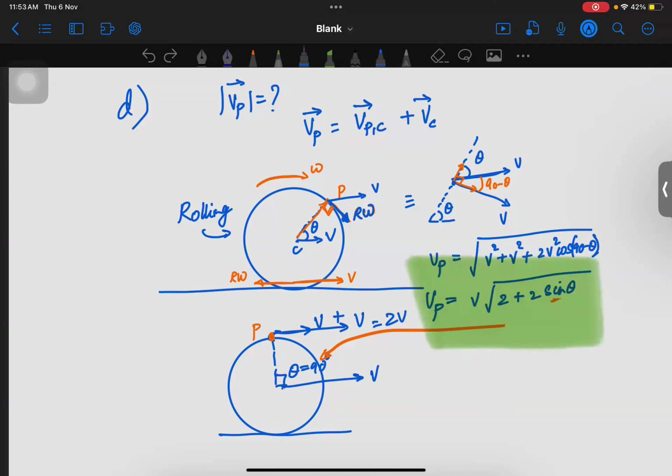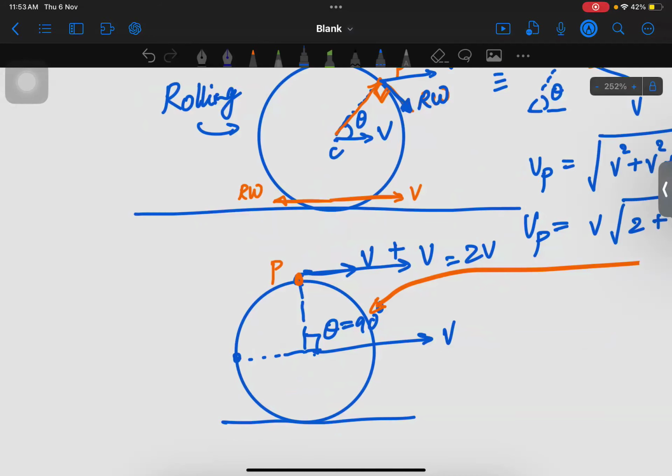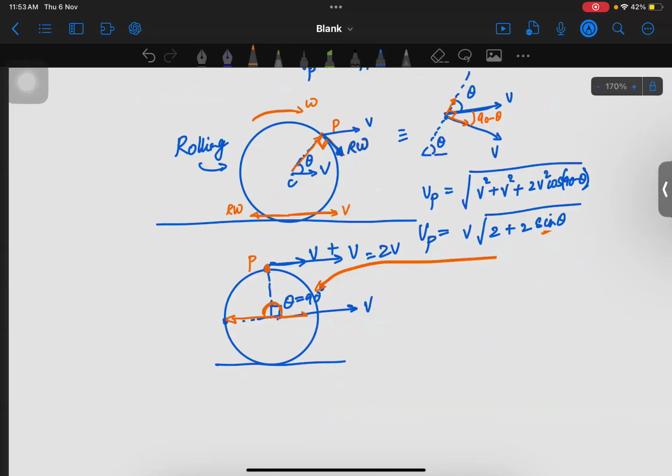So now let's go to some other point over here, maybe this one. Again, the angle that the radial line makes with the direction of velocity of the center is 180 degrees. By setting the value of theta as 180, you can find out the velocity of this point. Just name this as D point. So Vd becomes V root of 2 plus 2 sine of theta.